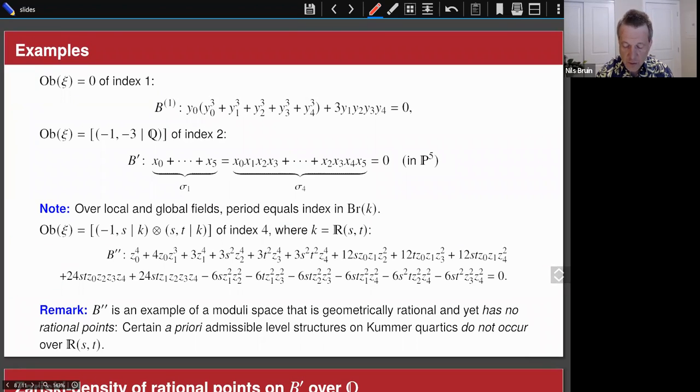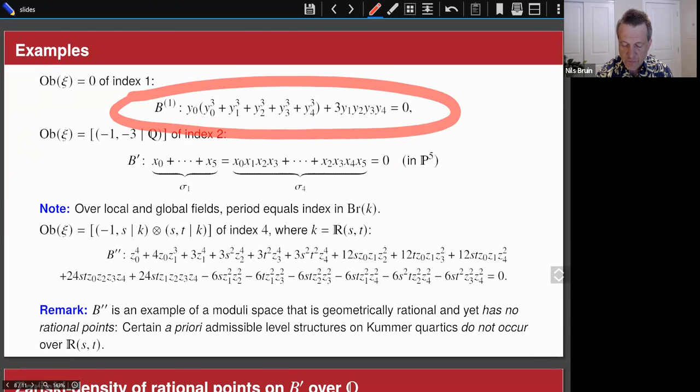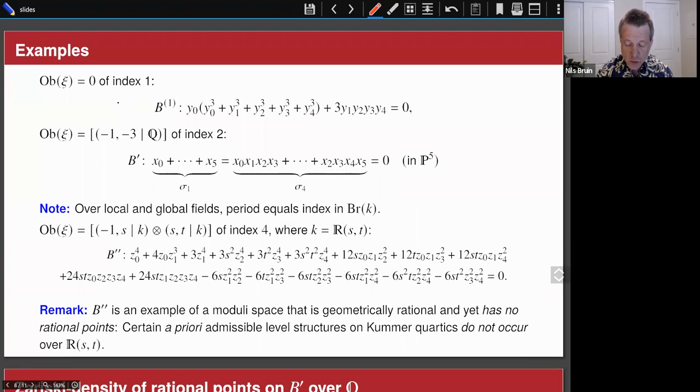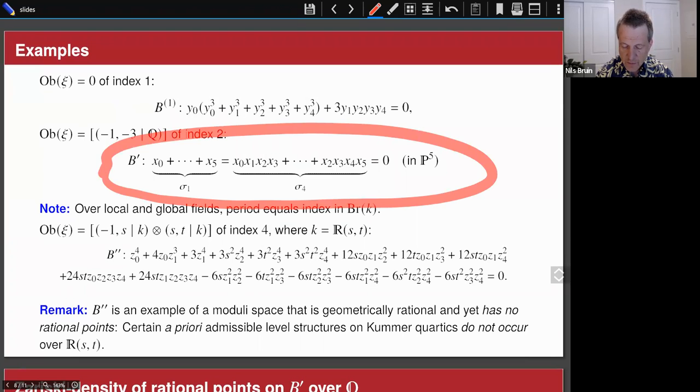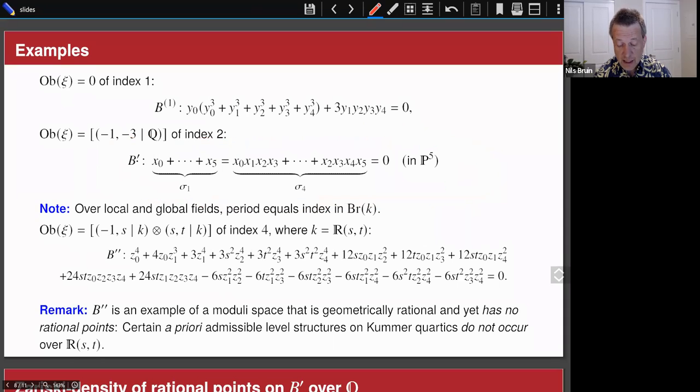So for trivial obstruction, we have our reference Burkhardt. For index 2, there's another very classical model of the Burkhardt. If you take the first and second elementary symmetric polynomials and take their vanishing locus in 6 variables, then you get a quartic variety that lies in a hypersurface.